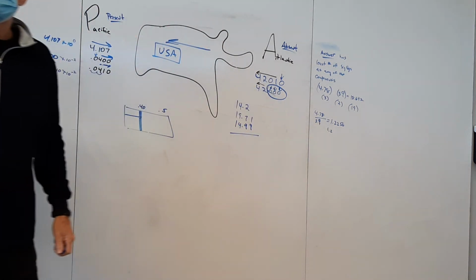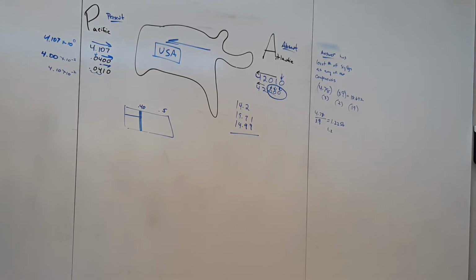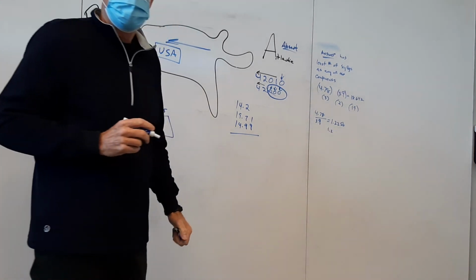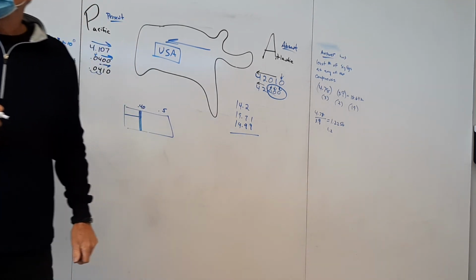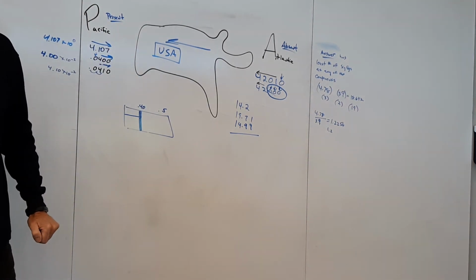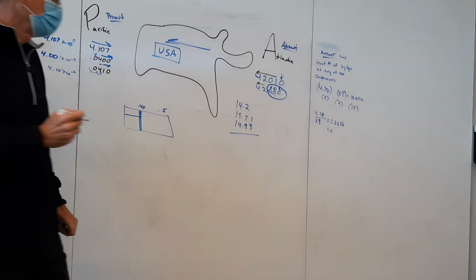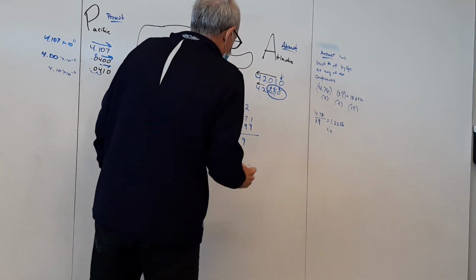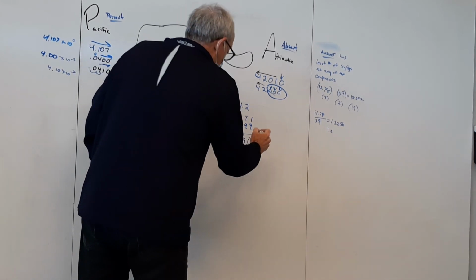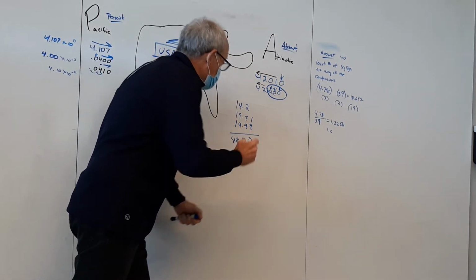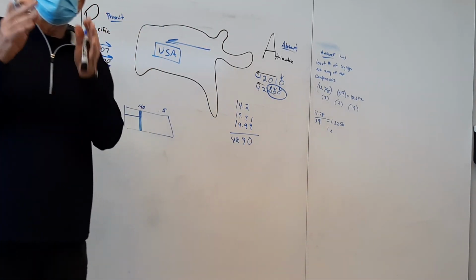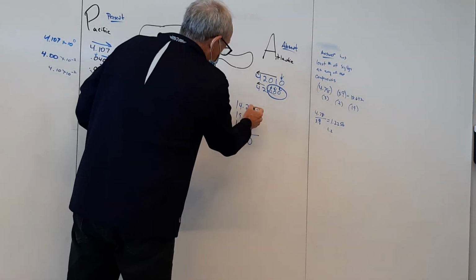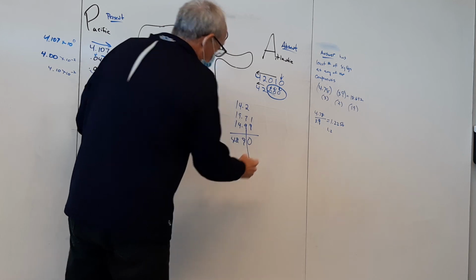Add those up and tell me what your calculator says. It should say 48.90, right? Now, you can only go to the least number of decimal places. In this case, this has one decimal place, so your answer has to be that, 48.9.